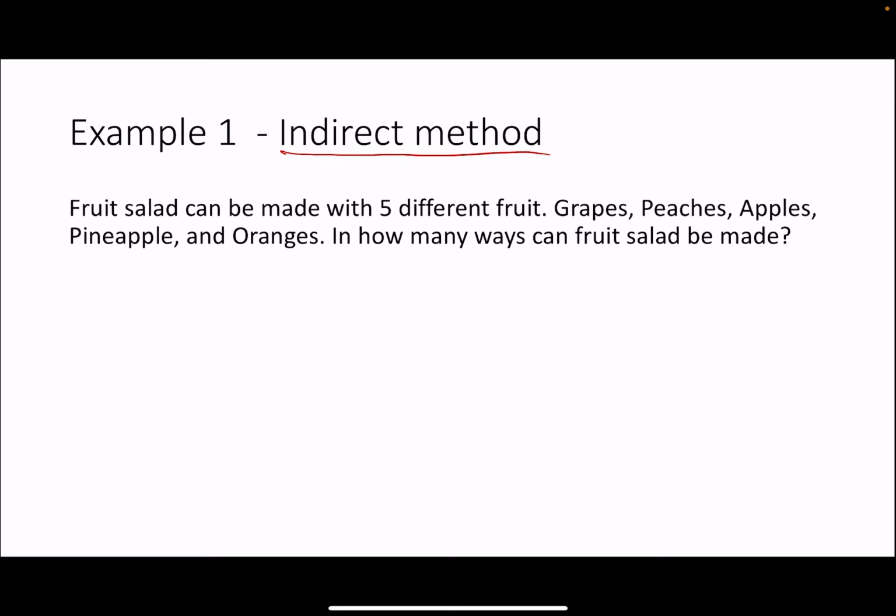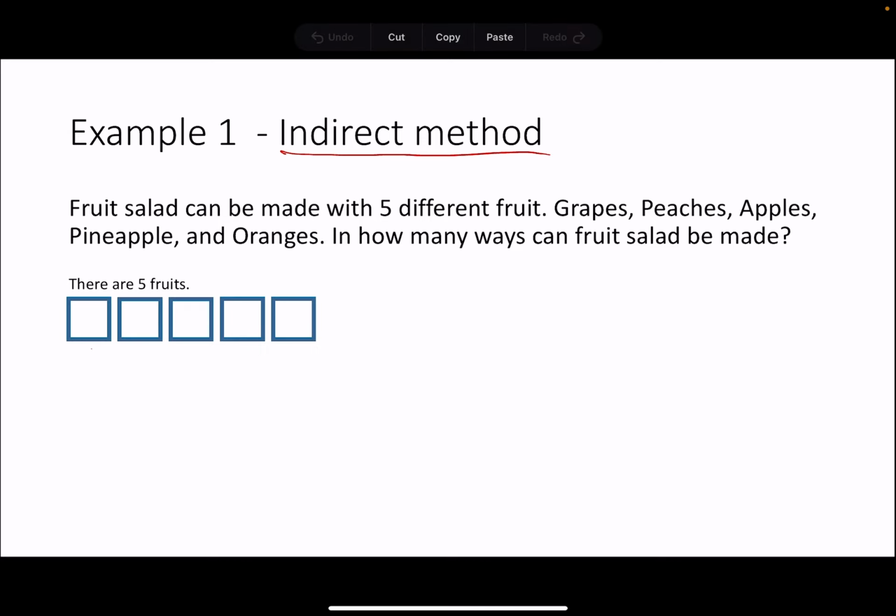Now, there are 5 fruits. We can either choose to use it or not. So if this is grapes, and this is peaches, and this is apples, and this is pineapple, and this is orange, we have a choice.